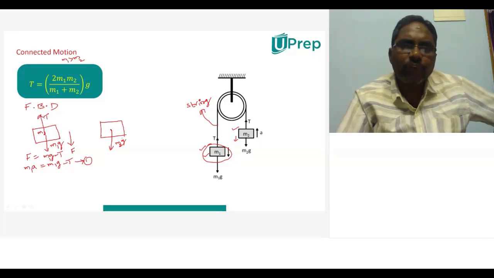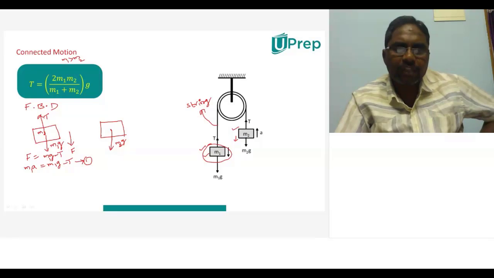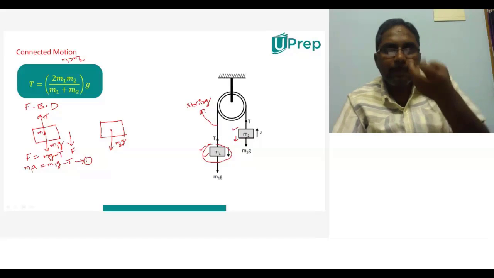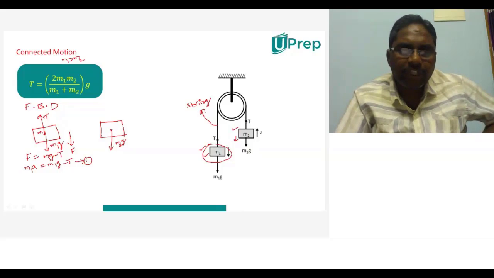And tensional force will act on the string which is attached to the M2 mass. Yes, sir. And that will act in the upward direction. Why upward? Because M1 is pulling it. When M1 is pulling it, definitely tensional force will act in the upward direction.